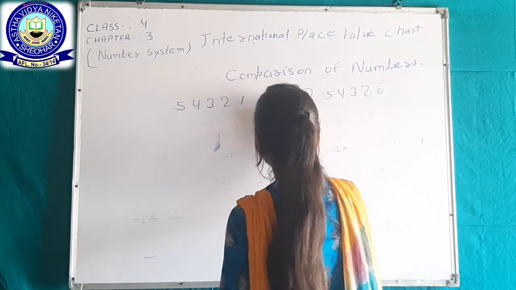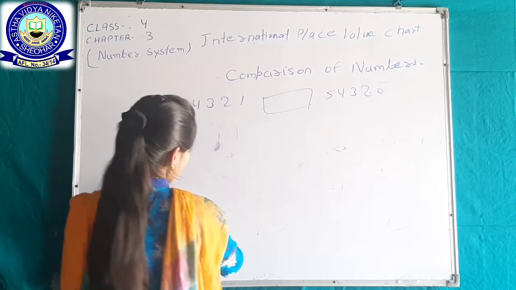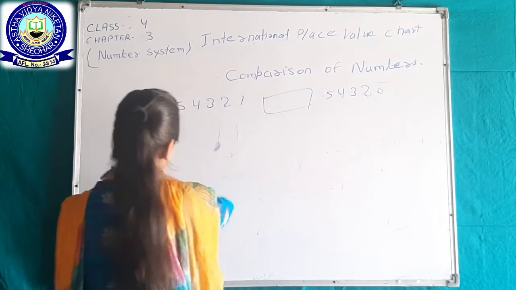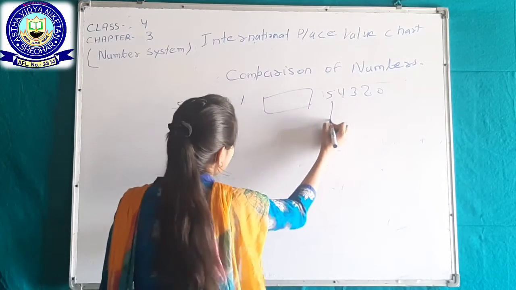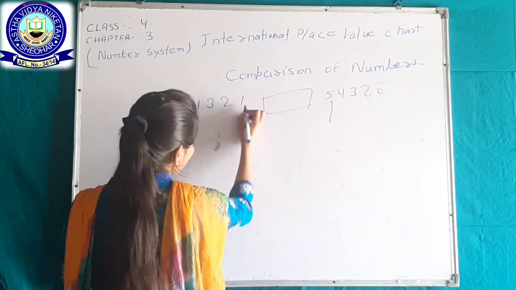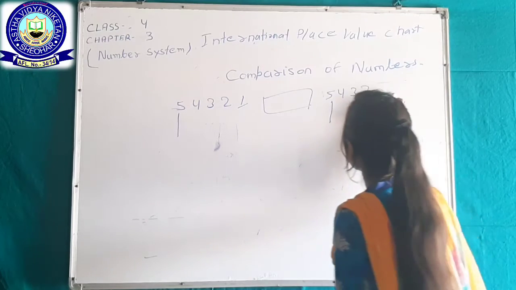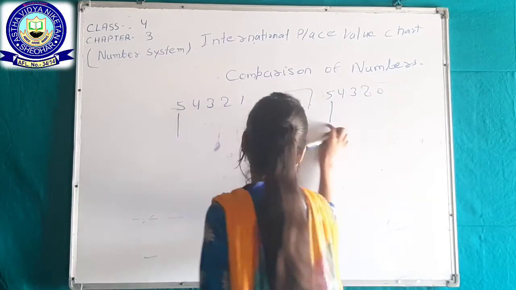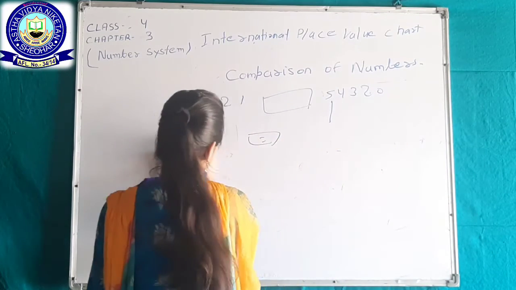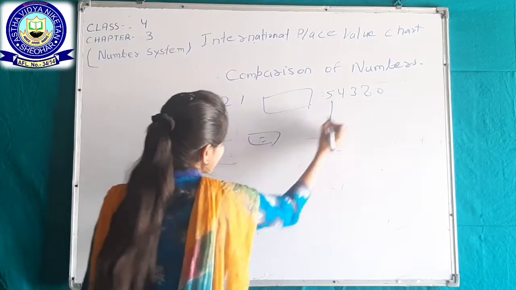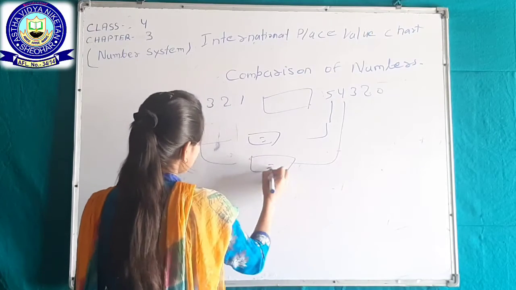Which one is greater than and which one is less than? First of all, we have to compare between two digits, this 5 and this 5. We can start to compare the digits from this side. Here is 5 and here is 5, both are equal. And here is 4, both are equal.